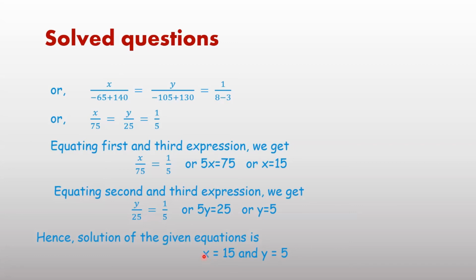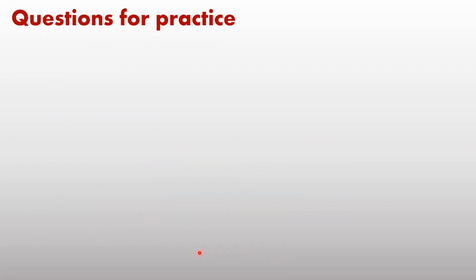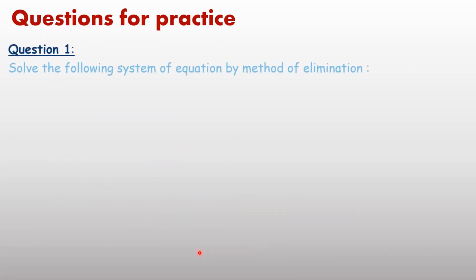So this is the cross multiplication method by which you can solve linear equations in two variables and find the solution. Some questions for practice. First question, two equations given, you have to solve by the elimination method.